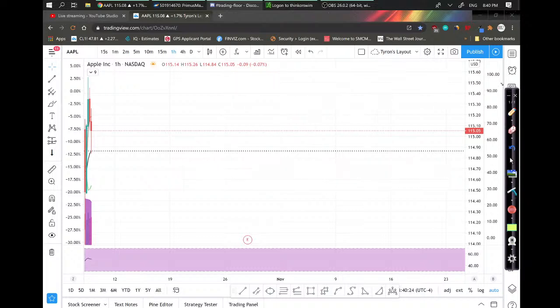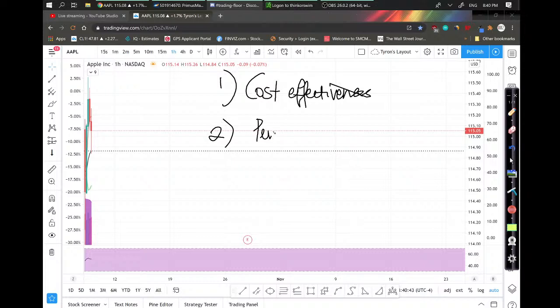So, what is it for? It helps you measure the cost effectiveness. Okay, it helps you measure the percentile of price structure or price action.